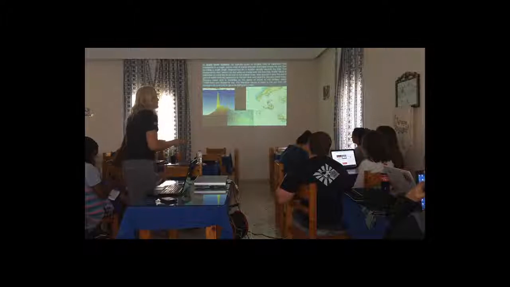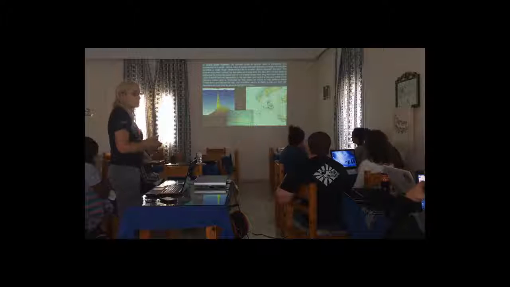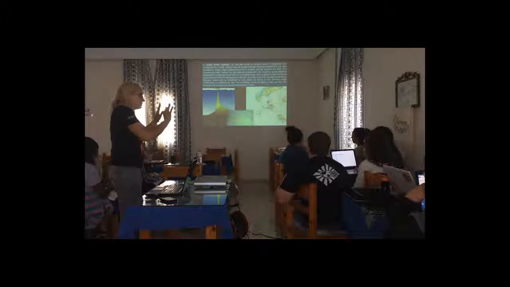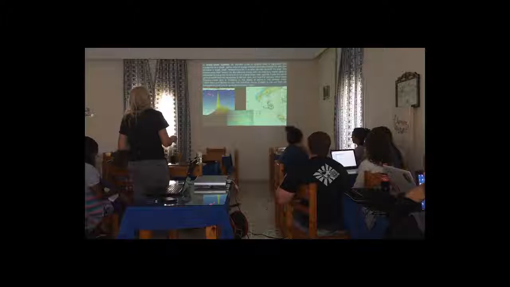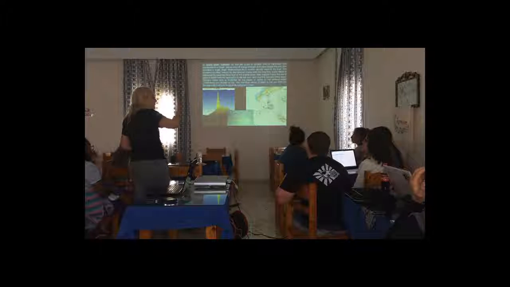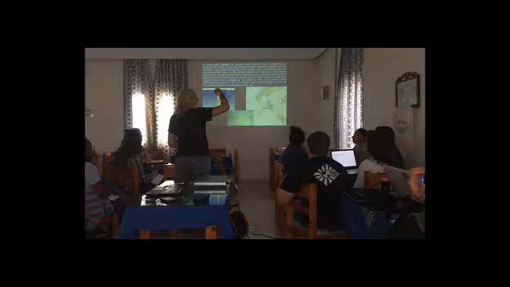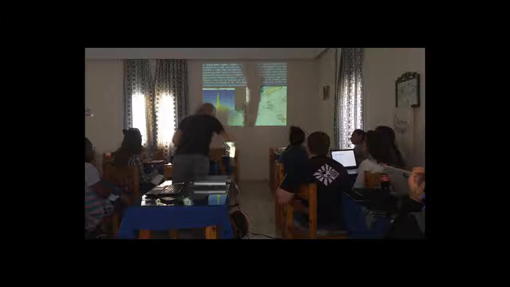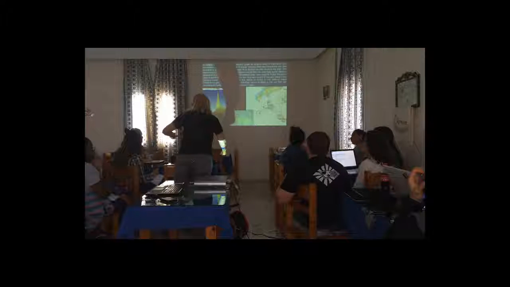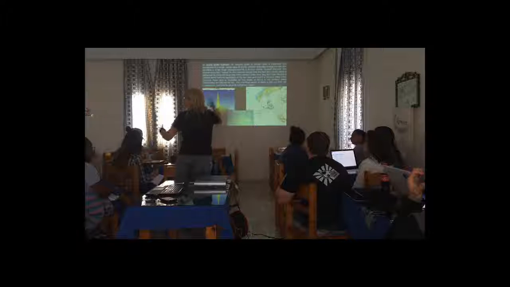We say that the speed of sound in the water is almost 1,500 meters per second, and then divide by 2, because the sound needs some time to go down, and exactly the same time to go up and be received by the transducer.